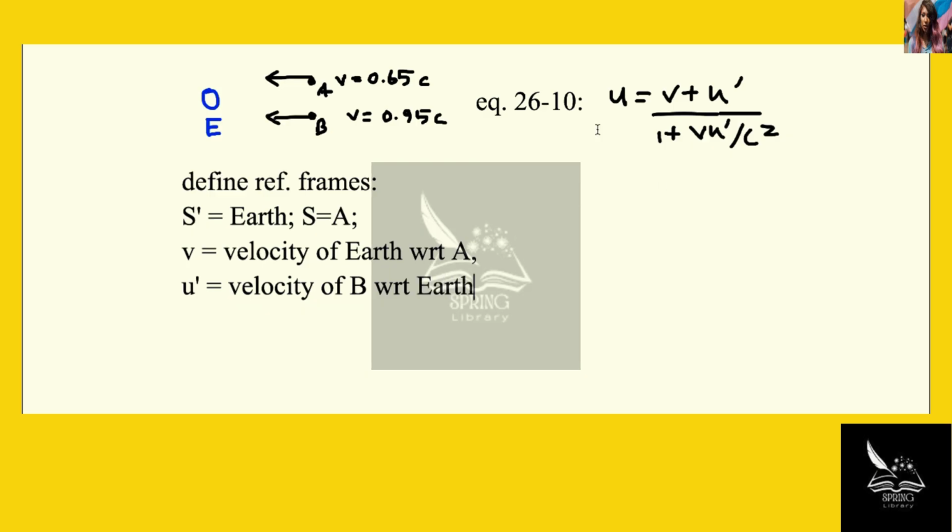And so U will be the velocity of B with respect to A.